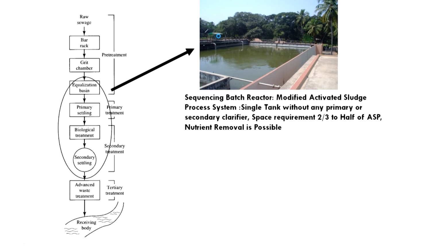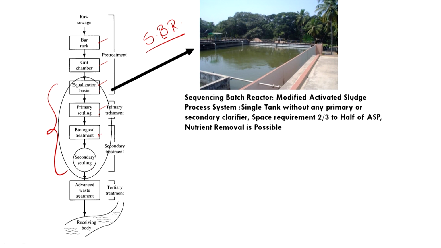So, here, as we discussed, we talked about sequential batch reactors, and what do they do? It is more or less combining all these processes, we call each of these a unit process. So, equalization, primary settling, biological treatment and secondary settling all happen within the same tank.